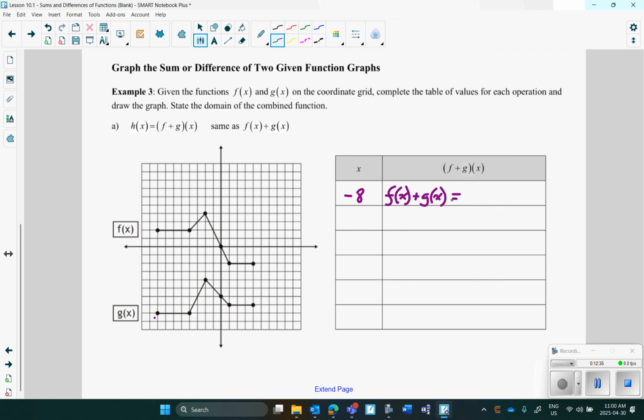What's the y value of g of x? -8. So I just do 2 plus -8. And that's the point I get when I add them together. -8 comma -6. When I add them together, I get that.